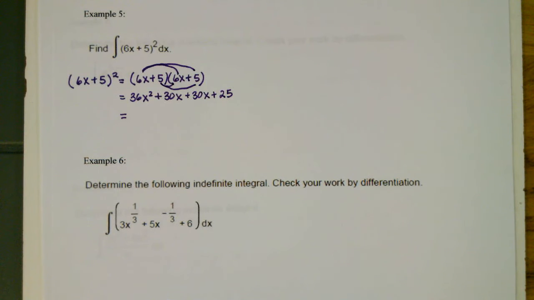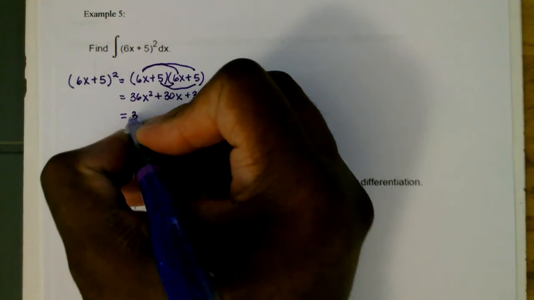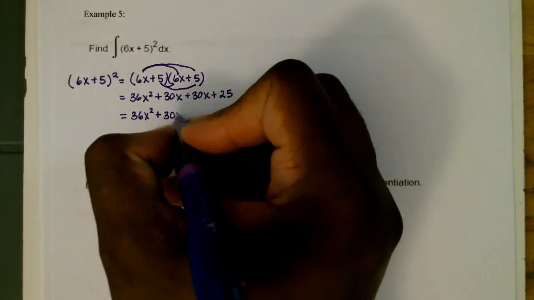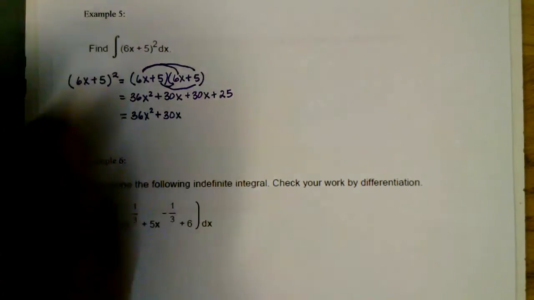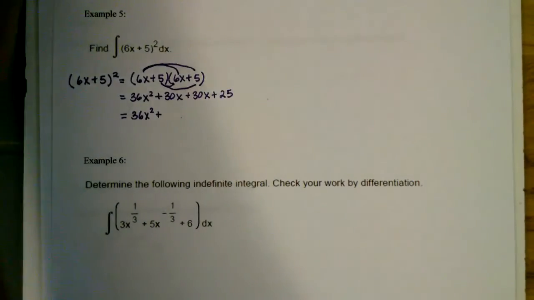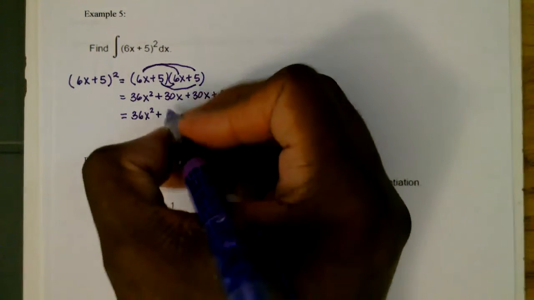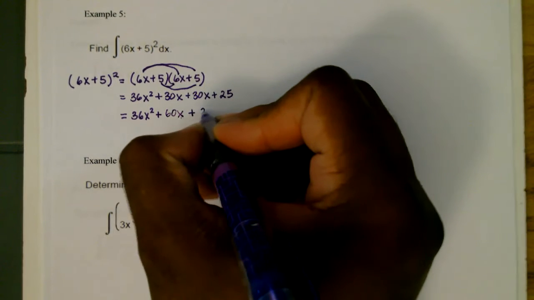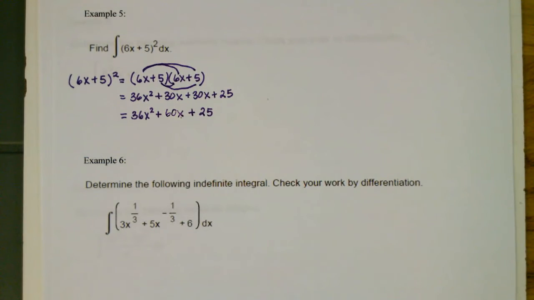And then combine like terms. I'm going to get 36x squared plus 30 plus 30 is 60x. So that's going to give me 60x plus 25.